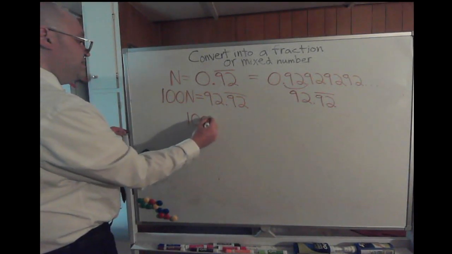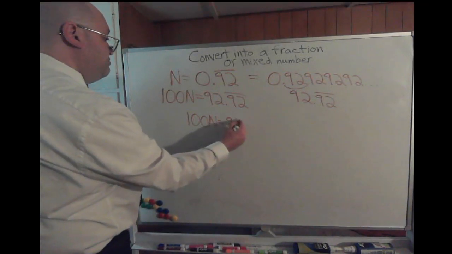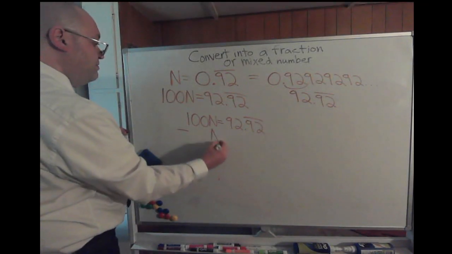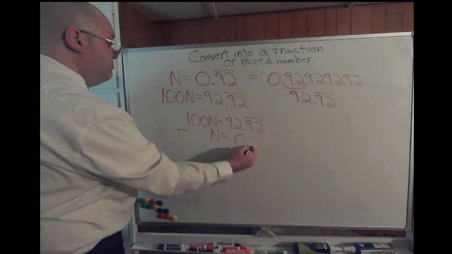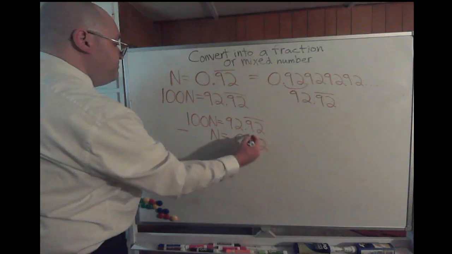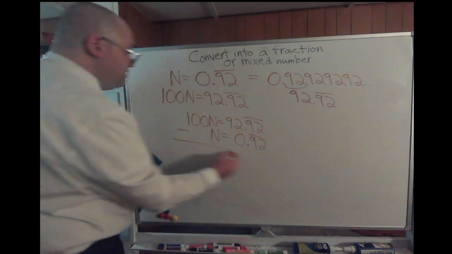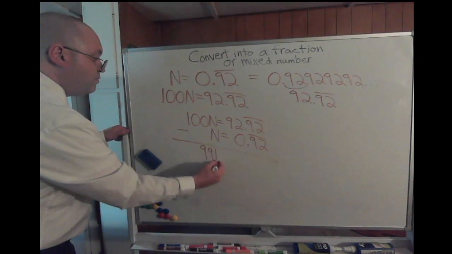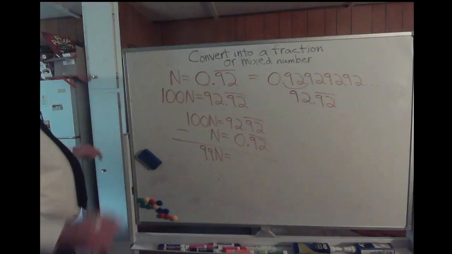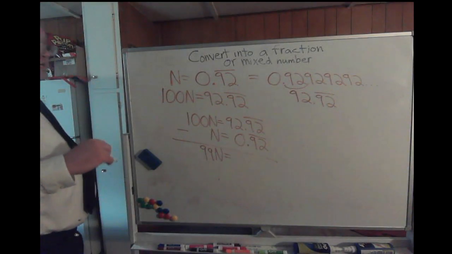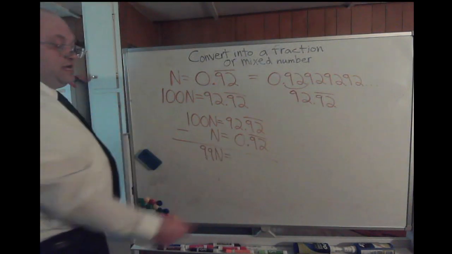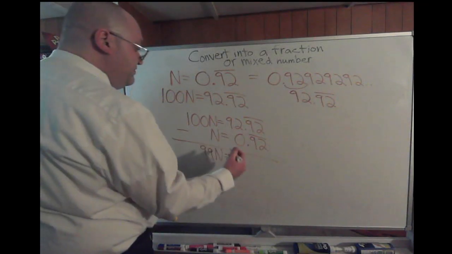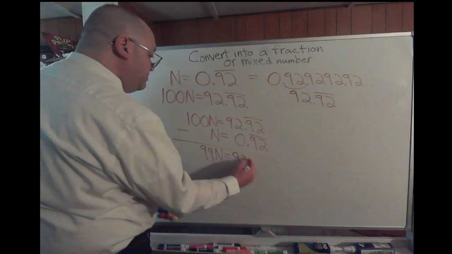You have 100n equals 92.92 bar minus your n, which equals 0.92 bar. Then you have 100n minus n, that equals 99n, which is going to be equal to, alright, the 92 bars will cancel out because you have 92 bar minus 92 bar, those are gone, that's 0, but you have 92 minus 0, which is 92.